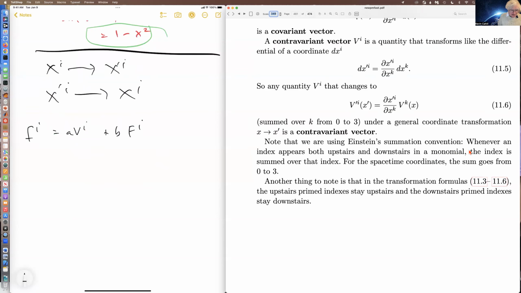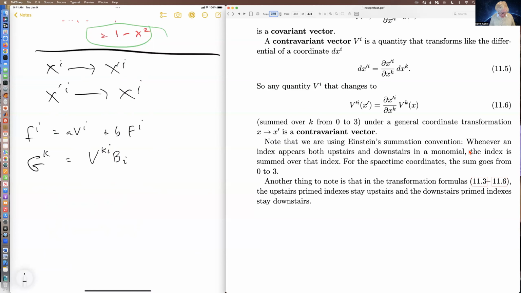But suppose we say g_k is equal to v_k, b_ki, b_i.